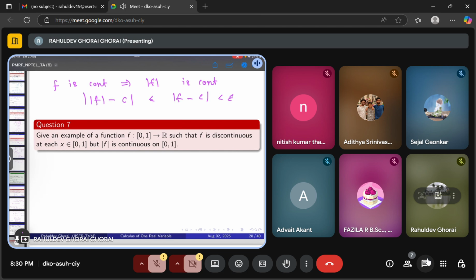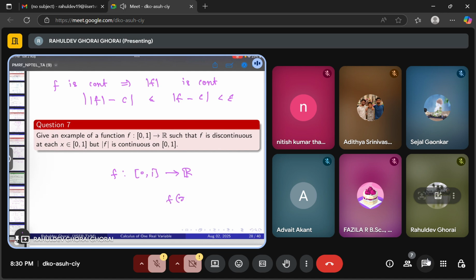Any idea for this one? Do you know any function which is discontinuous on 0 to 1 for all values?